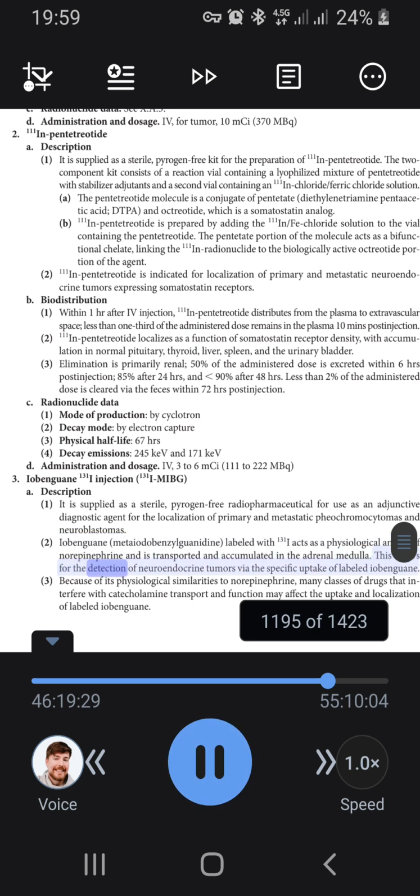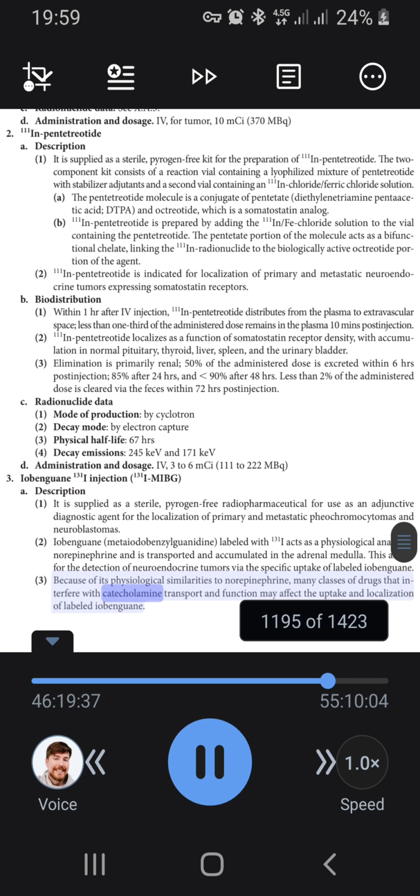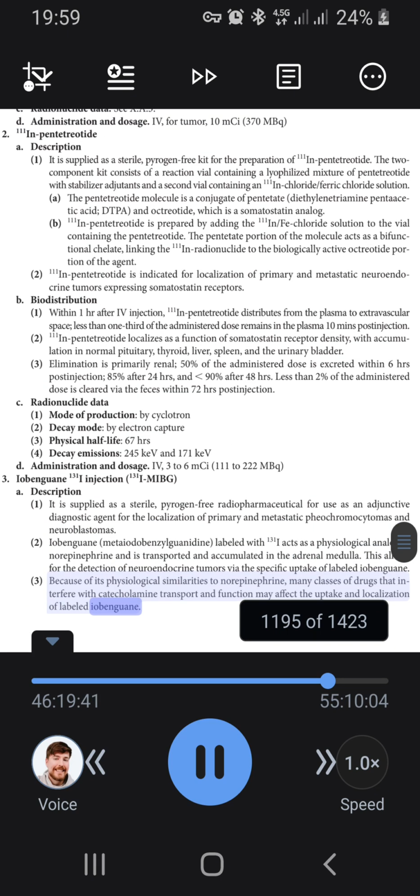This allows for the detection of neuroendocrine tumors via the specific uptake of labeled iobenguane. 3. Because of its physiological similarities to norepinephrine, many classes of drugs that interfere with catecholamine transport and function may affect the uptake and localization of labeled iobenguane.